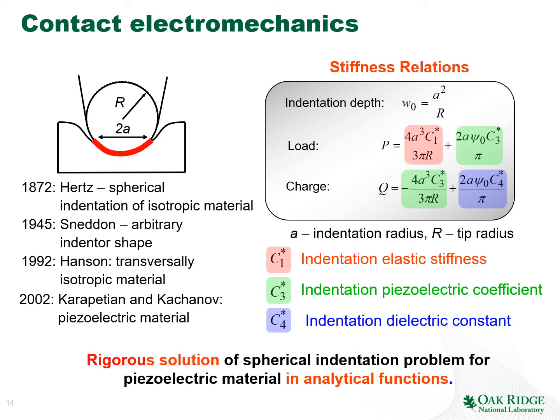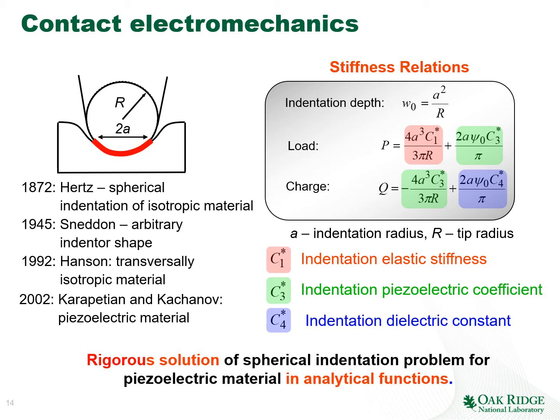In this case, the contact electromechanics is basically the extension of the classical Hertz model. And it took quite a while to develop. The Hertz model for the spherical indentation of the isotropic material was developed in 1872, so more than 150 years ago. In 1945, Sneddon extended this theory for arbitrary indenter shape, so it no longer has to be a sphere, it can be something more complicated.